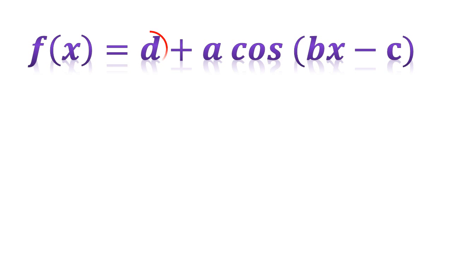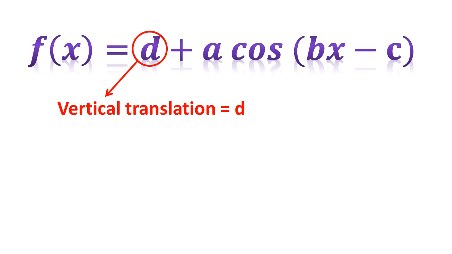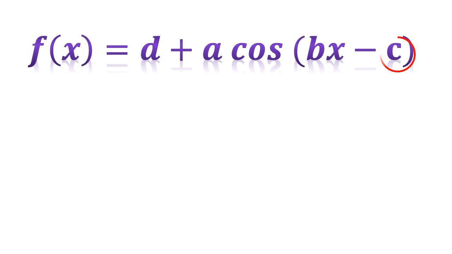We know that the d is going to give us the vertical translation, because the d is on the outside of the parentheses, added. We know that the c is going to give us the phase shift, and the minus sign in front of the c lets us know that this is going to be opposite sign than what it would normally be.